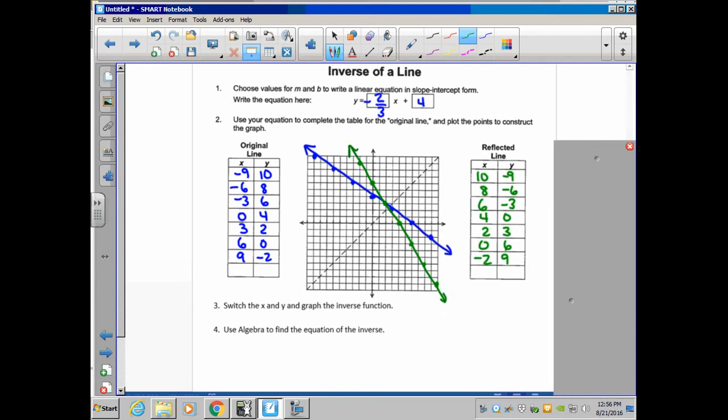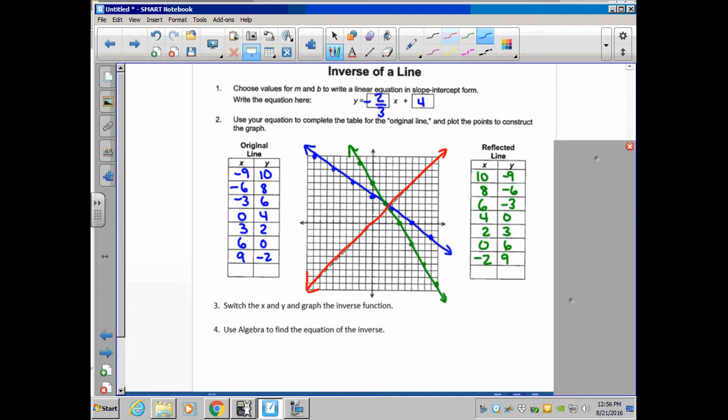Okay, so we have an equation for the original line, a table for the original line, and a graph for the original line. We have flipped it over y equals x, and we have a graph and a table. So how do you come up with the equation of the inverse? Well, one way is to do it algebraically. If you take your x and y and switch them in the table, you can also do the same thing for the equation.